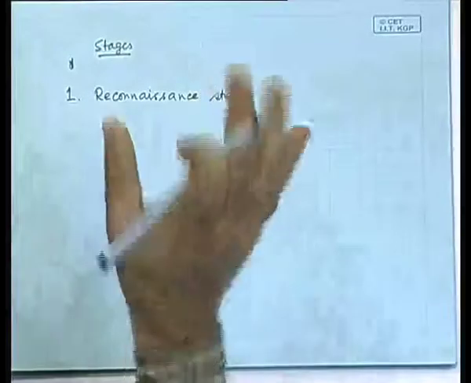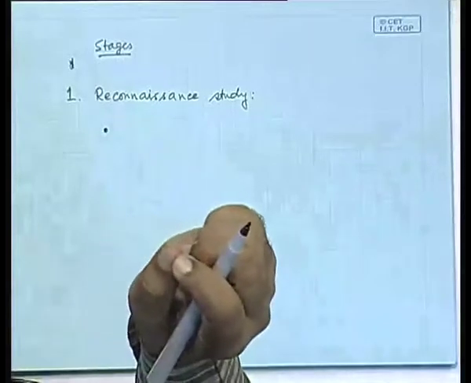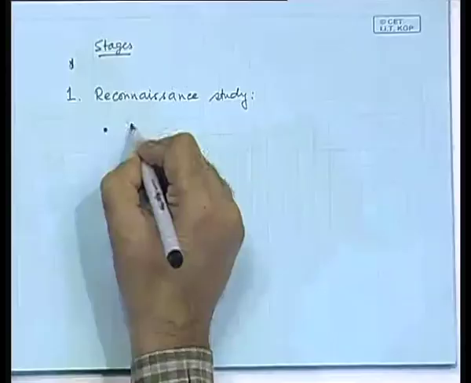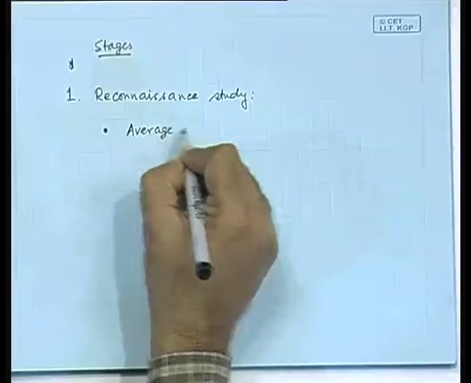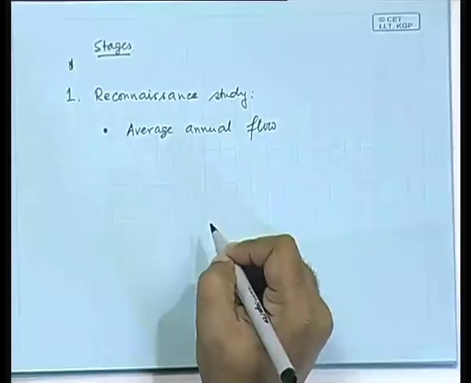In order to actually undertake a feasibility study, in general the feasibility study of a particular site is given to consultants, which costs a lot. So, first one has to decide whether a feasibility study is necessary. At this absolutely preliminary stage, you go to a place and see that, okay, this may be a good place. This will depend on a few numbers. First, you need to know the average annual flow.